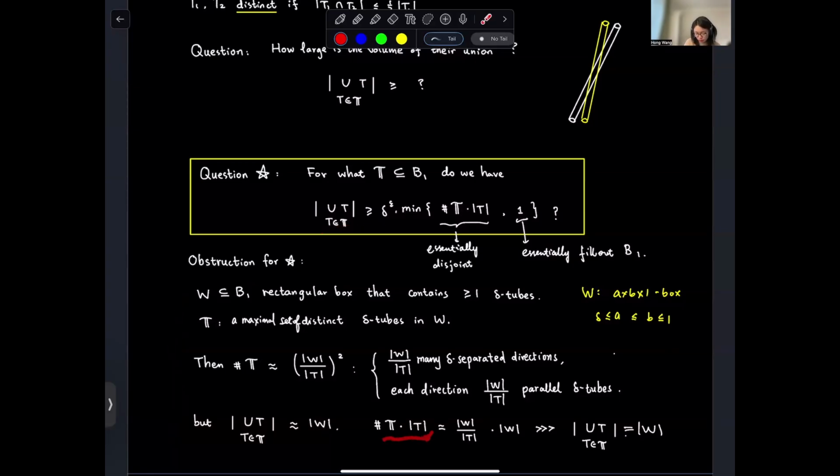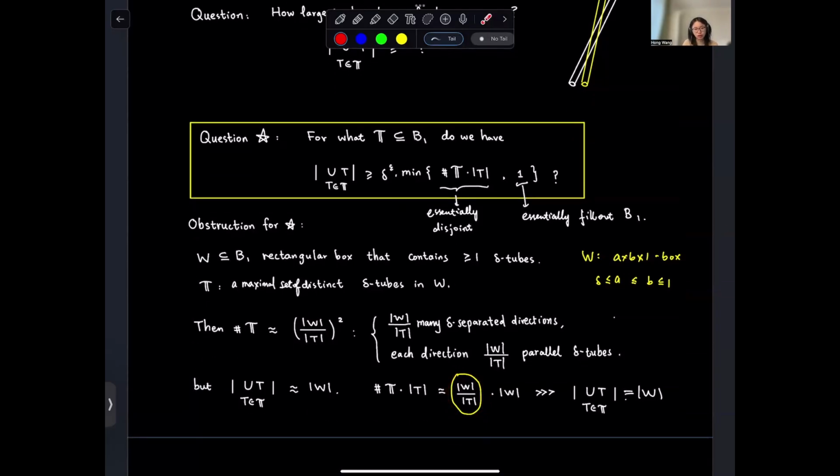The number of tubes times the volume of one tube is the volume of W divided by the volume of T, times the volume of W. And it is much greater than the volume of their union, which is the volume of W, if W is much bigger than T. So this example fails the inequality by this factor.